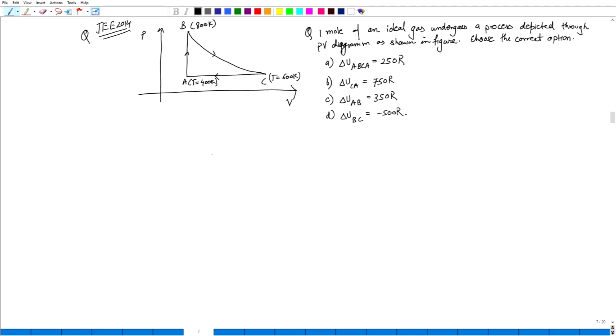If I have to find delta U, because internal energy is path independent, delta U for A B C A is nothing but U at A minus U at A, so that is for sure 0.